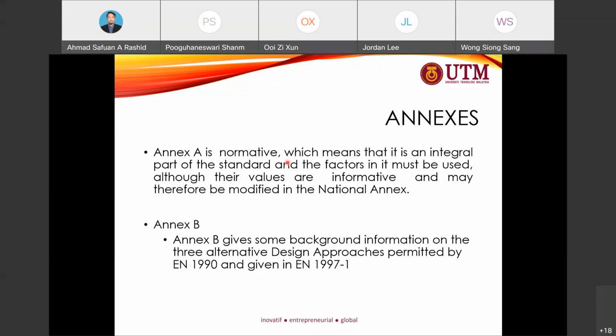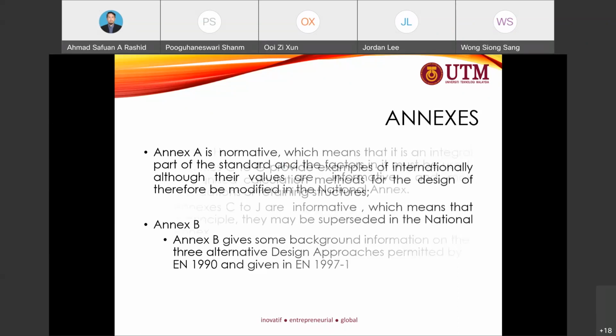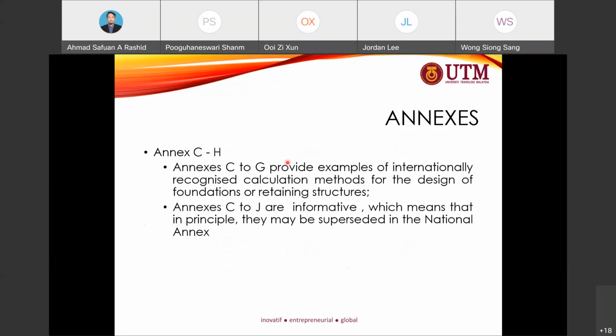This is just an introduction on the content of EN 1997. Annexes C to G provide examples of internationally recognized calculation methods for design of foundations or retaining structures. Annexes C to J are informative, which means that in principle they may be superseded in the national annex.